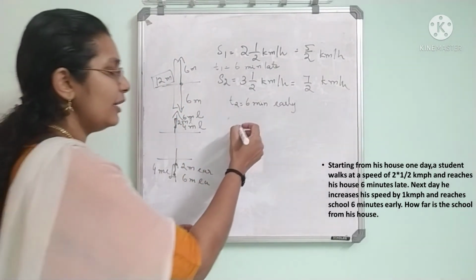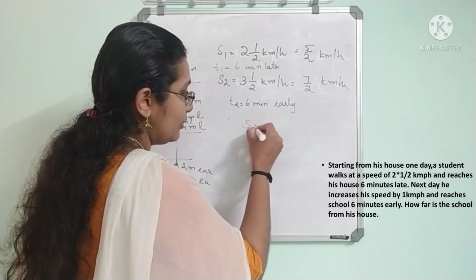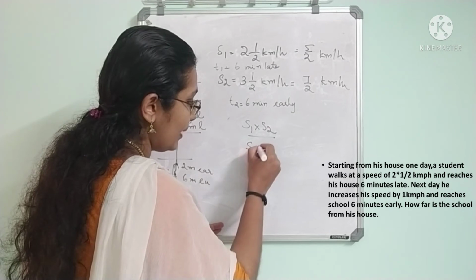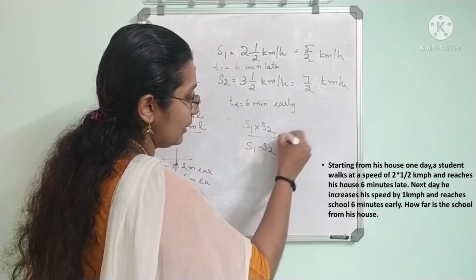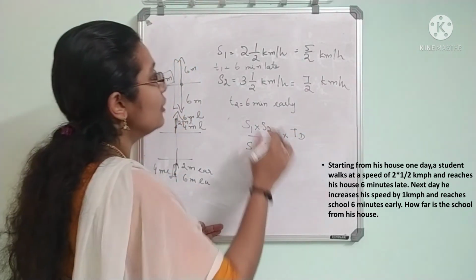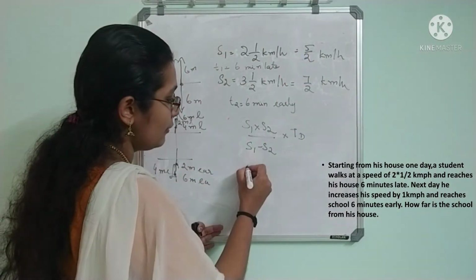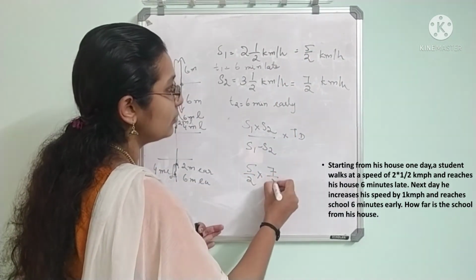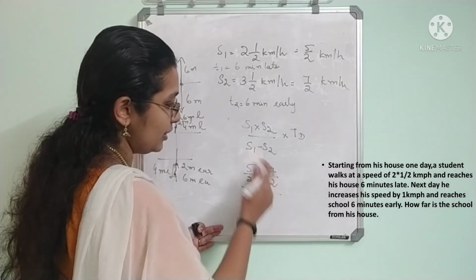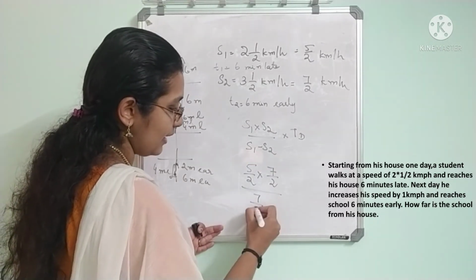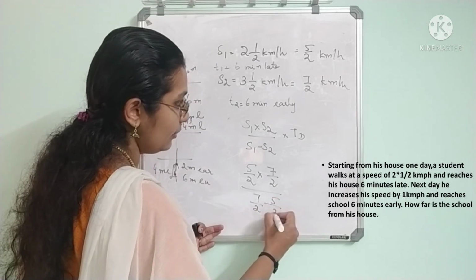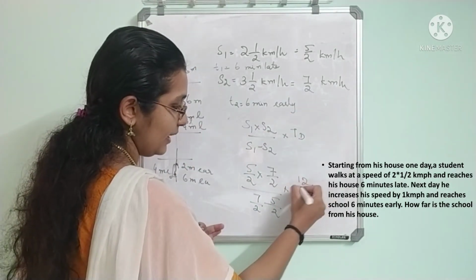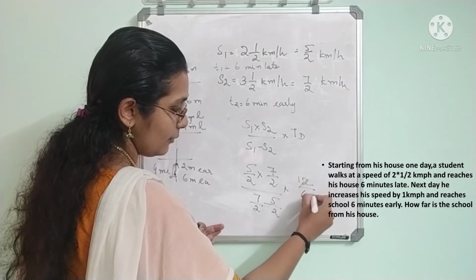Okay, so simply you can substitute S1 into S2 divided by S1 minus S2 into time difference. Clear? So S1 here is 5 by 2 into 7 by 2 divided by, which is bigger, you take that. Okay, 7 by 2 minus 5 by 2 into time difference, which is 12 minutes. So 12 by 60, 1 by 5.